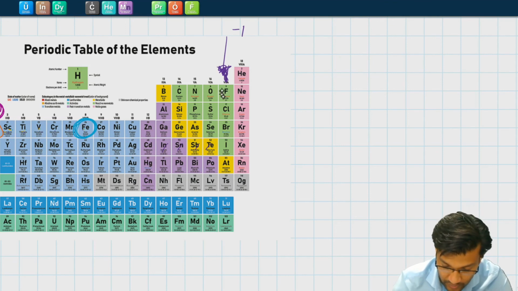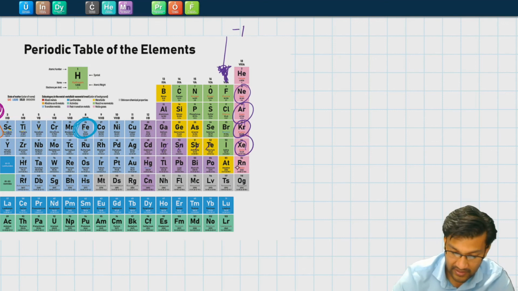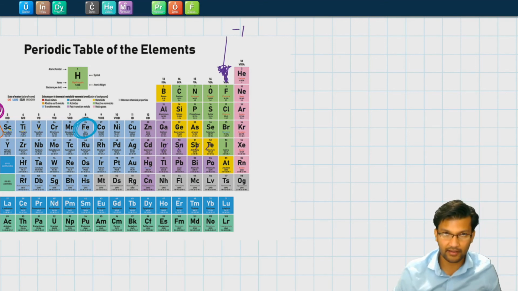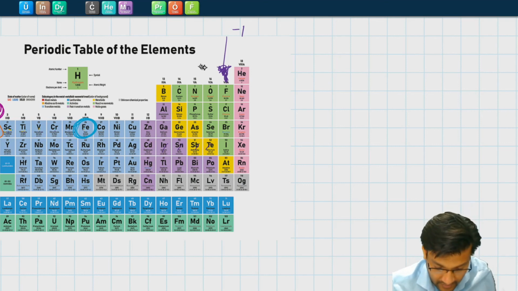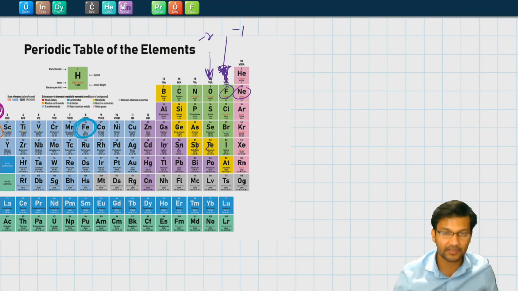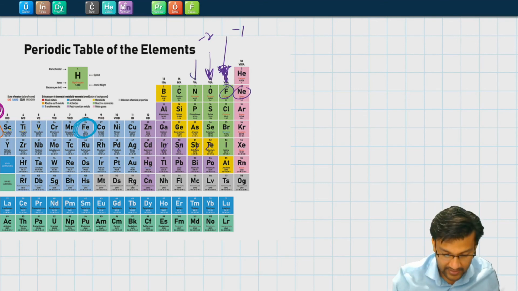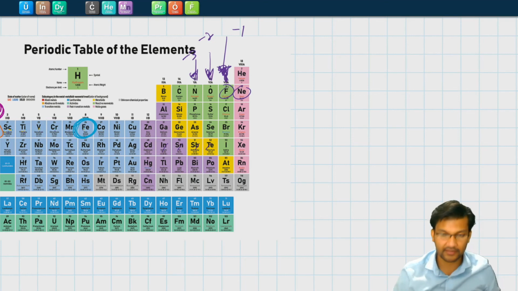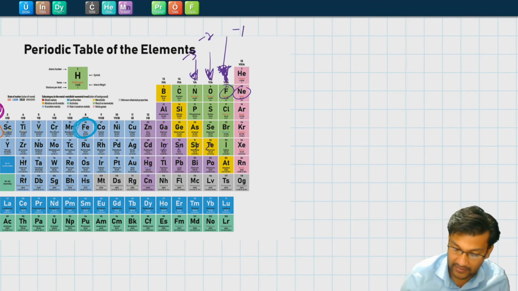Because when they have one more electron, they will have the same configuration as a noble gas, and their orbitals are completely filled. For this column right here, they form -2 charge because by adding 2 electrons, they completely fill their orbitals, which makes them happy. And then here we get -3 charges because, again, same thing. They completely fill their orbitals, which makes them happy.